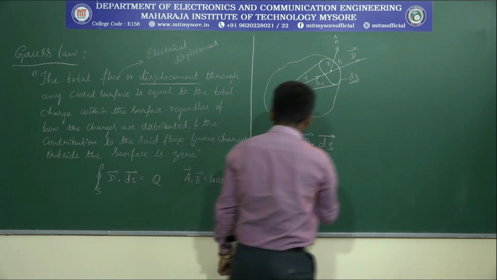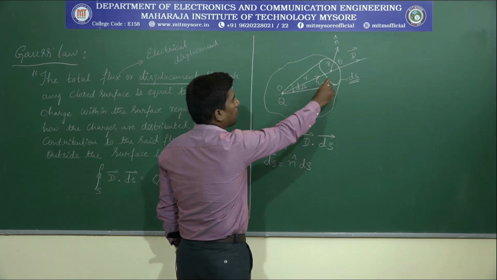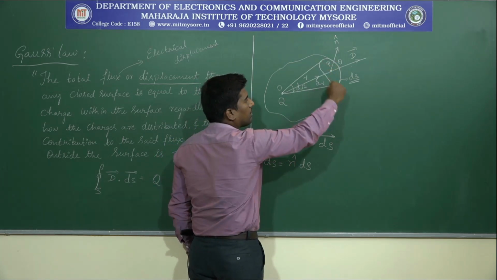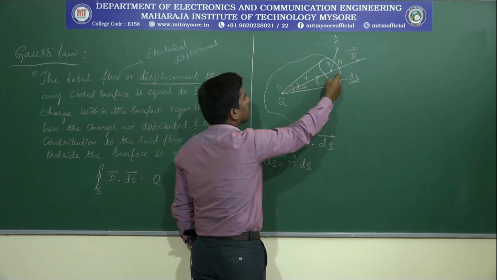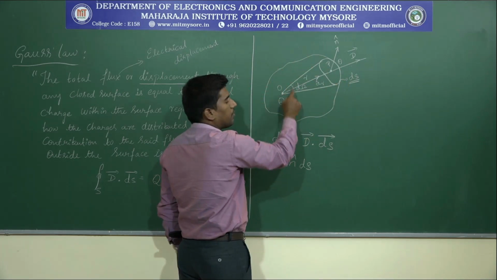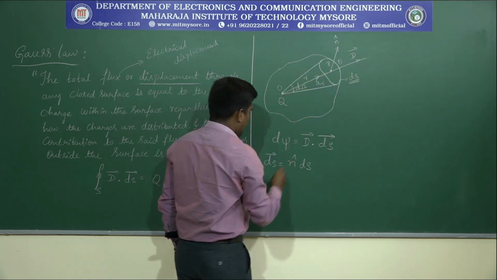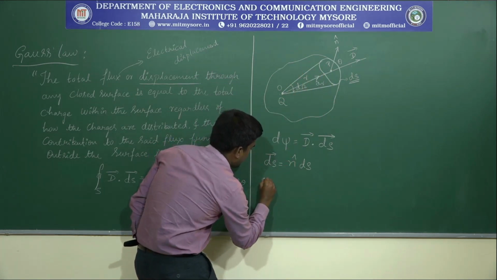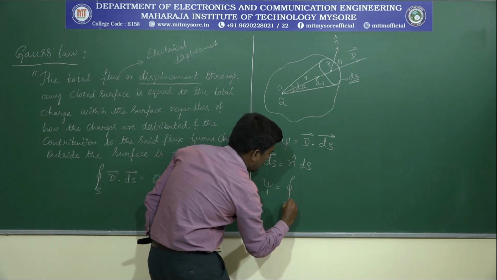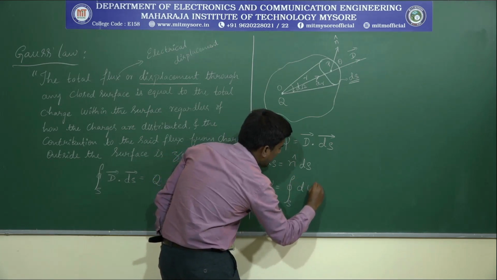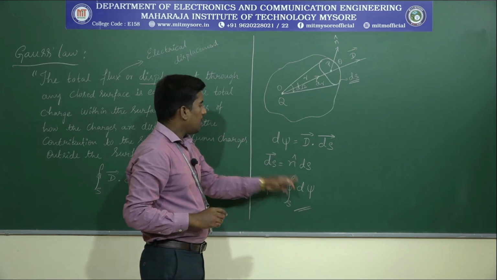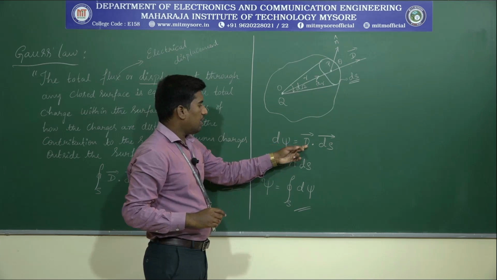Now proceed with this. In order to obtain the electric flux within the overall surface which we have considered arbitrarily, psi is equal to the surface integral of d psi, where d psi is the integration of D dot ds.